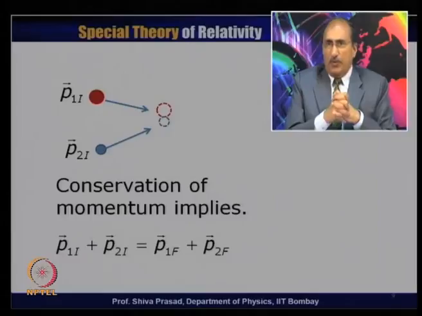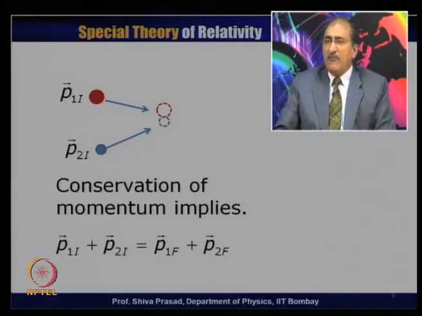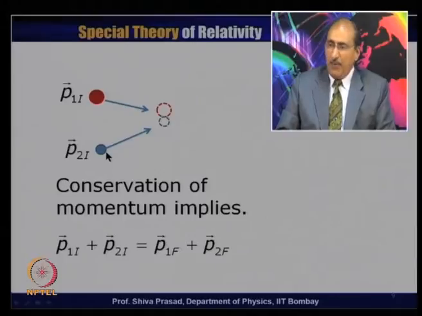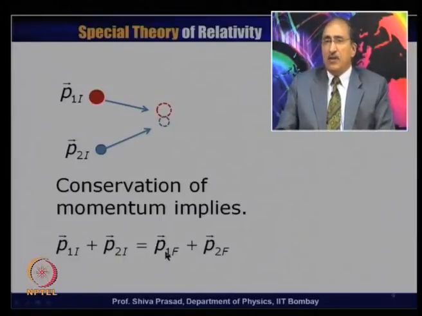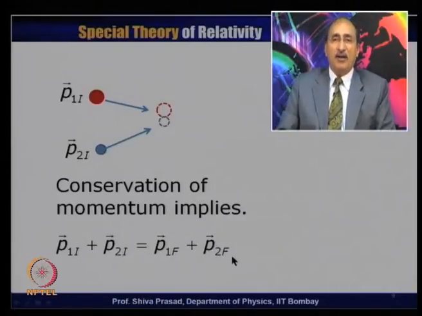Now, what would conservation of momentum mean? If I take the initial momentum of the first particle, which I am writing as P1I, and the initial momentum of the second particle, which I am writing as P2I, even though their momenta would change after collision, I must have P1F, the final momentum of the first particle, plus P2F, the final momentum of the second particle.